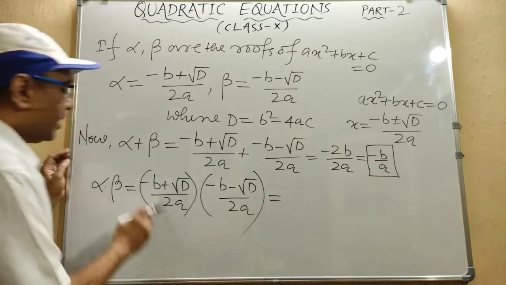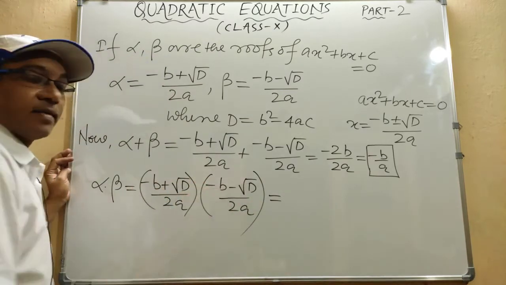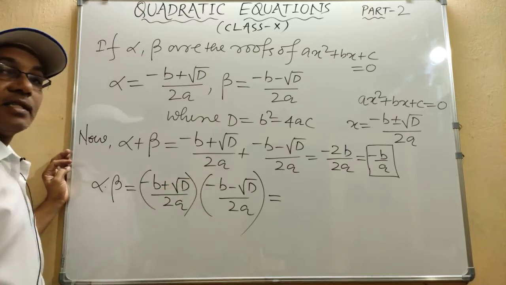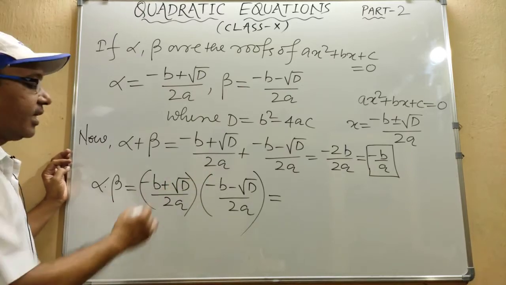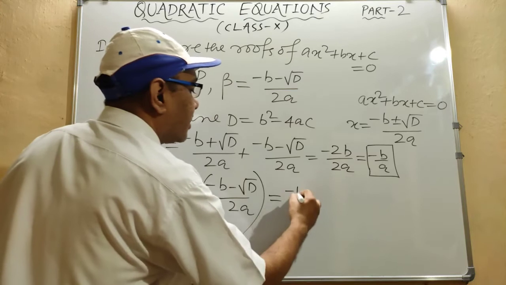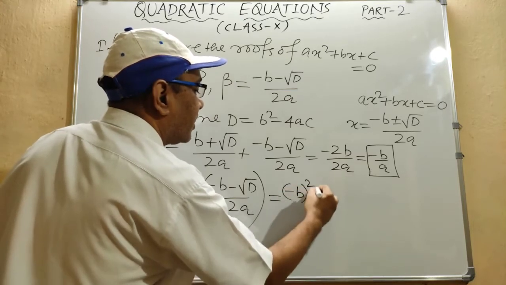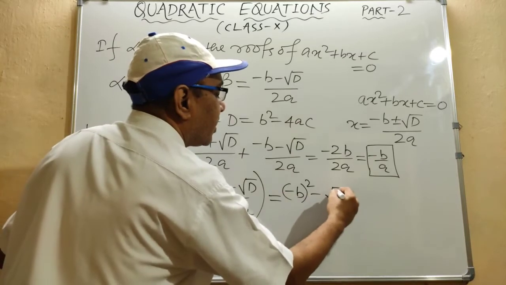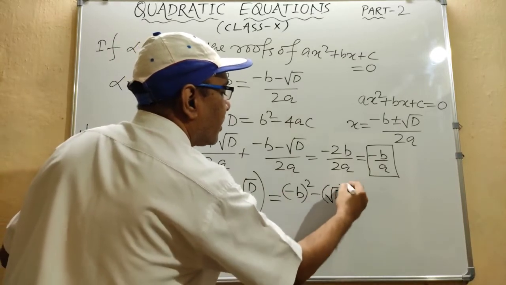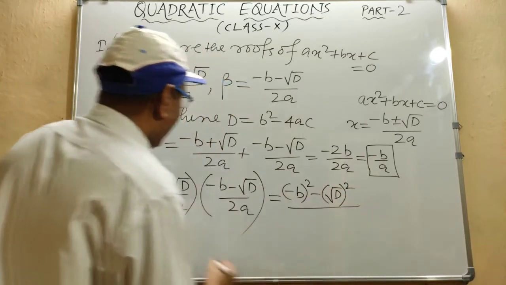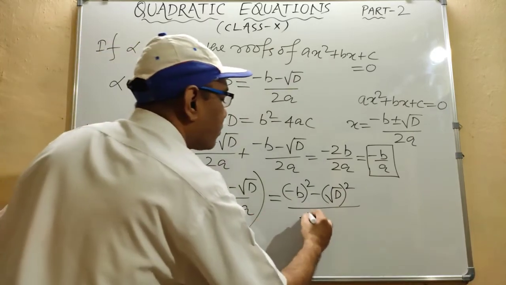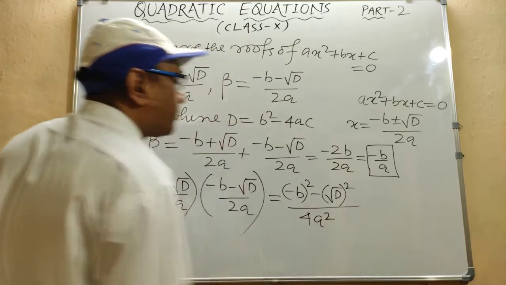We use here a plus b into a minus b, which is a square minus b square. Here a is minus b, so a square is b square, and b is root d. In the denominator, 2a into 2a is 4a square.